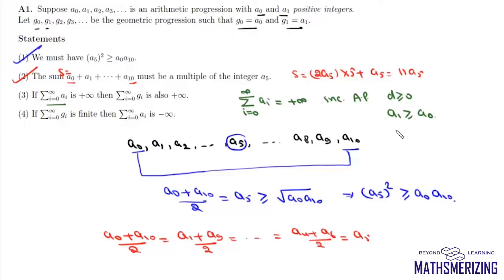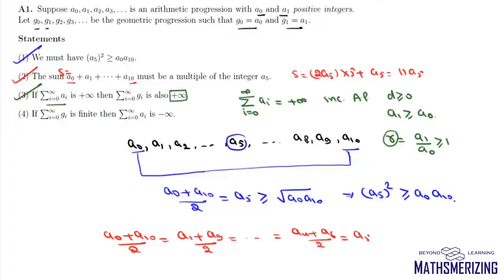Now for this GP, its common ratio will be A1 upon A0, and A1 upon A0 is greater than or equal to 1. And since R for this GP is 1 or greater than 1, and it contains positive terms, the sum of the GP will also diverge. So the sum of the GP will also be plus infinity. That means statement 3 is also correct.